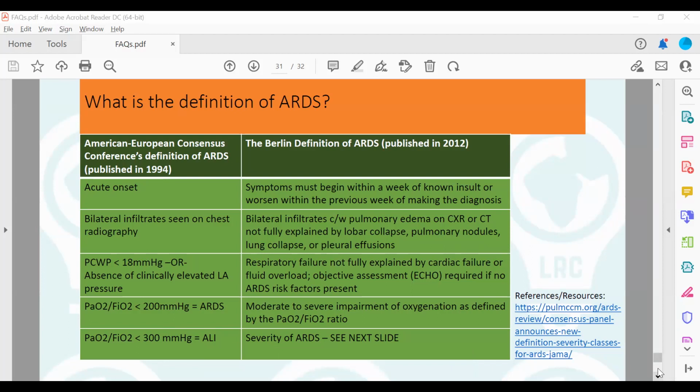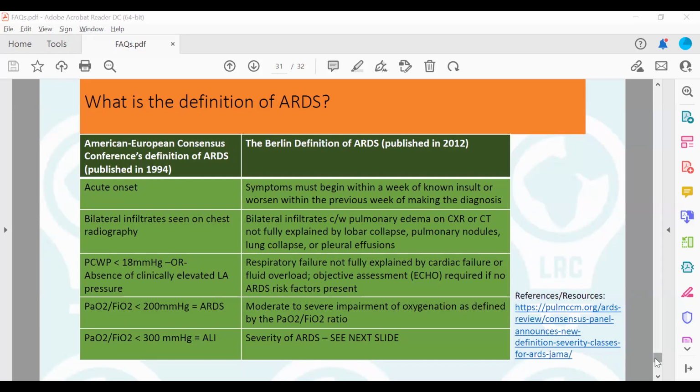But in summary, you need to have a respiratory insult, which may be infection, but it may be trauma. And after that, it has to be shown on X-ray or a CT scan. Also the respiratory failure should not be explained by a cardiac failure. So once you have that, and on top of those, you have a PaO2 to FiO2 ratio below 200.